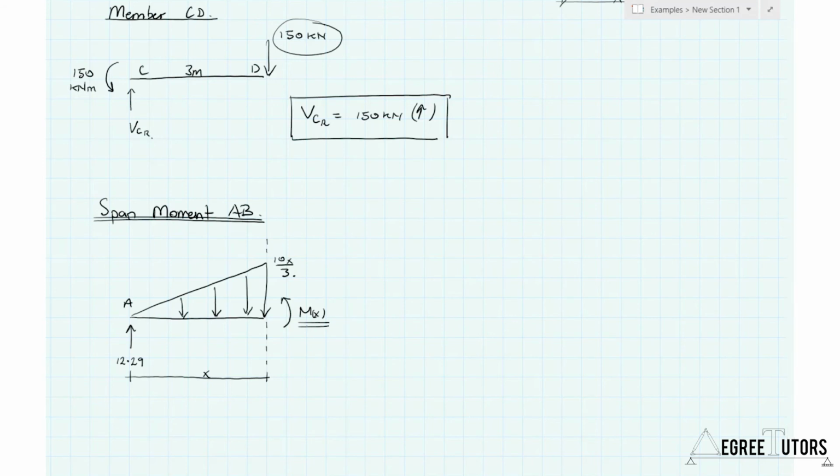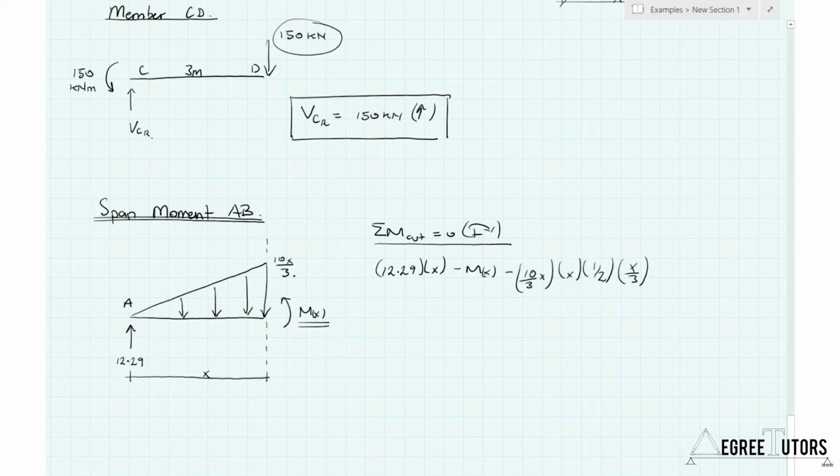To do that, I take the sum of the moments about the cut, let that equal 0, and state my sign convention as usual. M of x equals 12.29x minus 10x cubed over 18. That describes the bending moment diagram for that region of the structure.